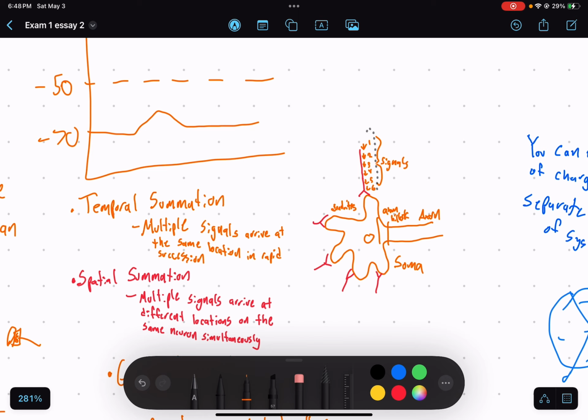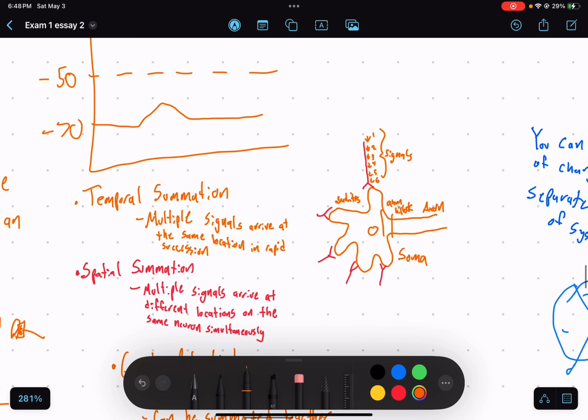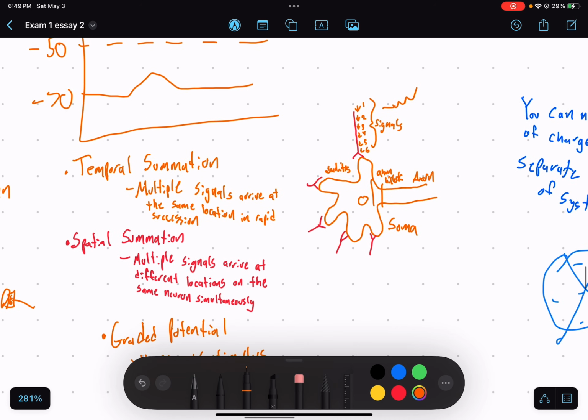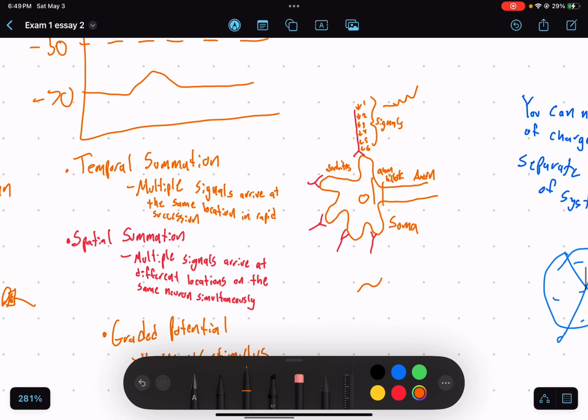So showing what spatial summation is and temporal summation. As you see in orange, these numbers right here, these are the signals that are being sent down through this same location, which is exactly what temporal summation is. The temporal summation is going to beef up that stimulus all in one area, while spatial summation is going to beef it up in multiple different areas.